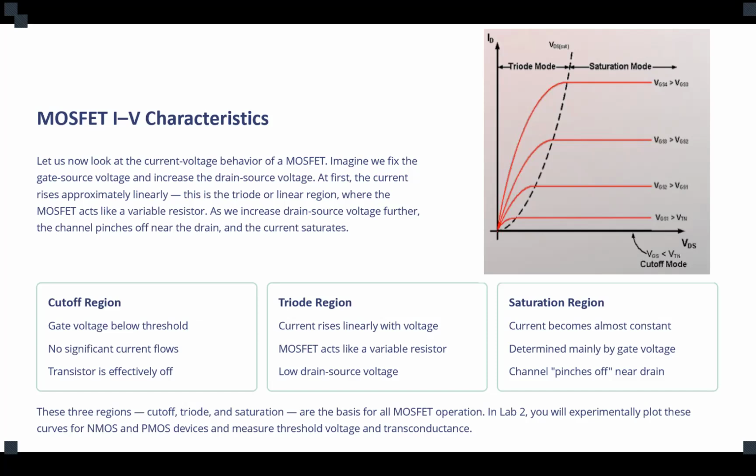We are talking about the enhancement type. We are going to focus on that because we are going to work with that type of MOSFET in our plan. So when we don't have a voltage between gate and source, the switch is off, so we call it cutoff mode.